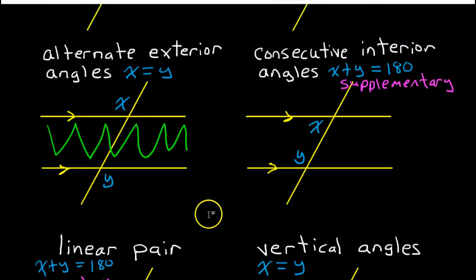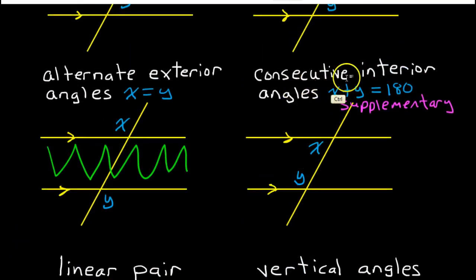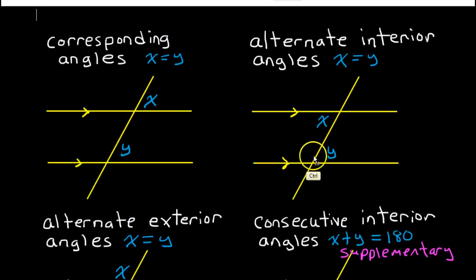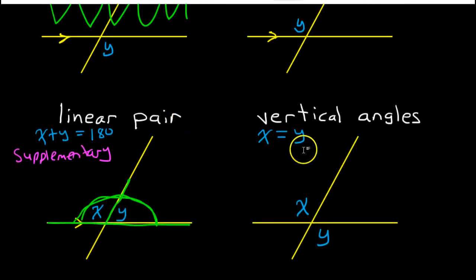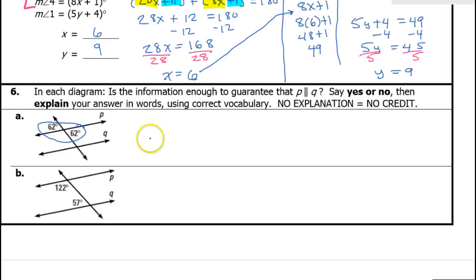If you have consecutive interior angles that are supplementary, that means you have parallel lines. If you have alternate exterior angles that are equal, parallel lines. If you have alternate interior angles that are equal, you got parallel lines. If you have corresponding angles that are equal, you got parallel lines. Vertical angles, linear pair, do not make parallel lines. It has nothing to do with it.